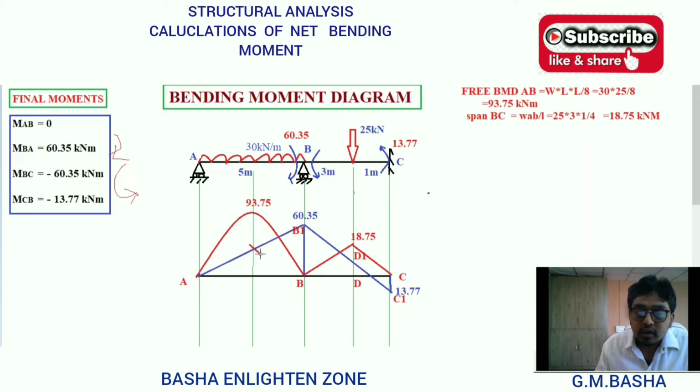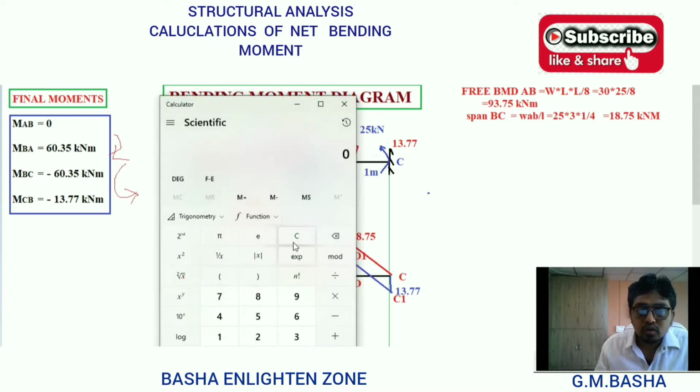This is in the form of a triangle, so if you average, you will get the ordinate exactly under the center. That will be equal to 63.75 divided by 2, so that will be 31.875.